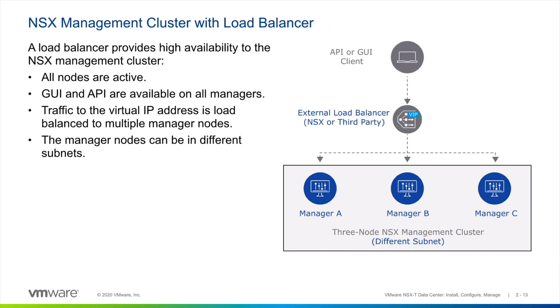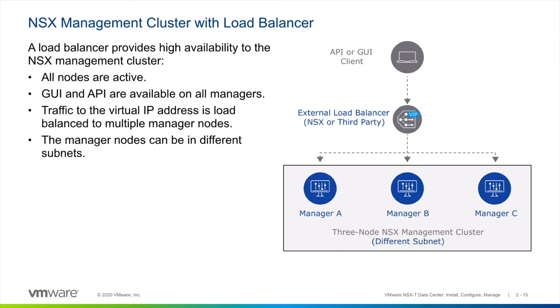But what if my NSX managers are not all in the same subnet? This is common in a spine-leaf network architecture, where the top of rack provides my layer 2, layer 3 boundary, and as such, each of my racks becomes its own layer 2 domain.